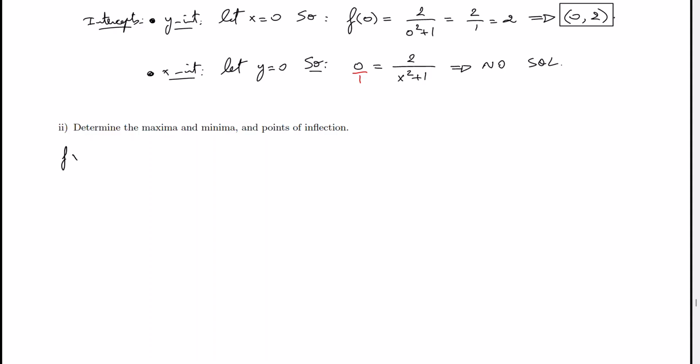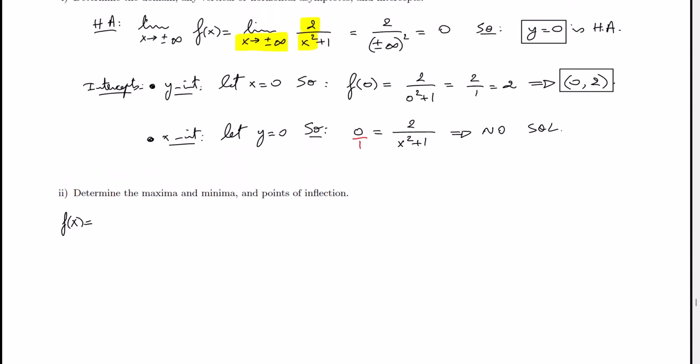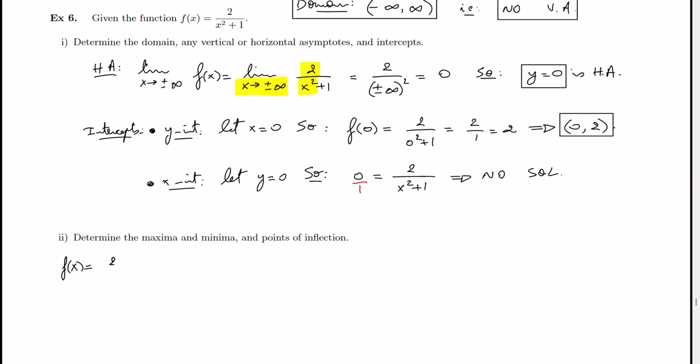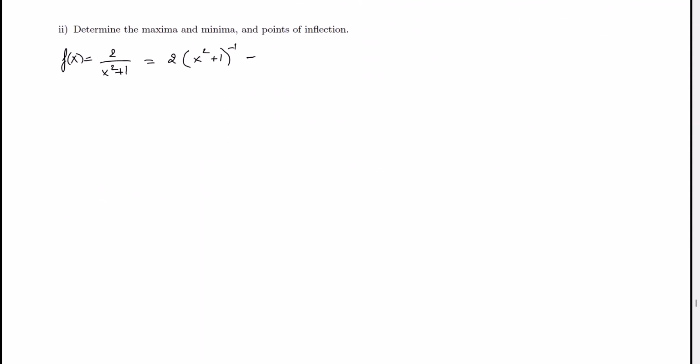So let's recall the function f of x. It's on top of the page. The function is 2 divided by x squared plus 1. So I can rewrite it like 2 times x squared plus 1 to the power of negative 1. This way I can avoid doing the quotient rule when I find the first derivative. So anyway, let's find the first derivative.